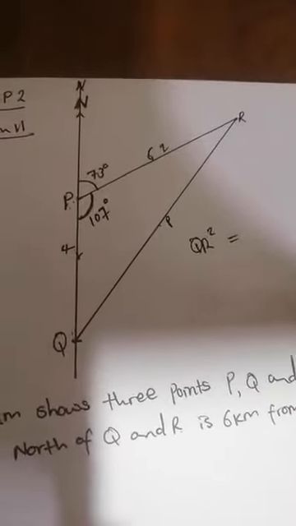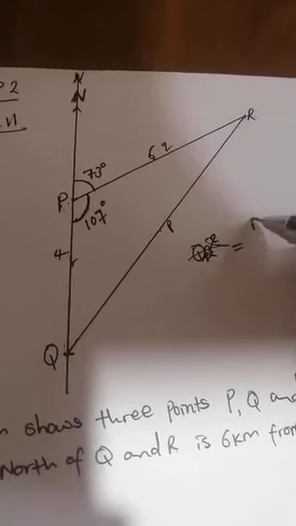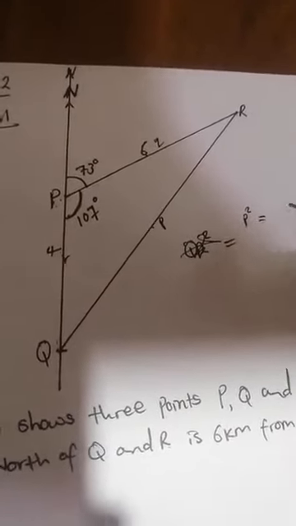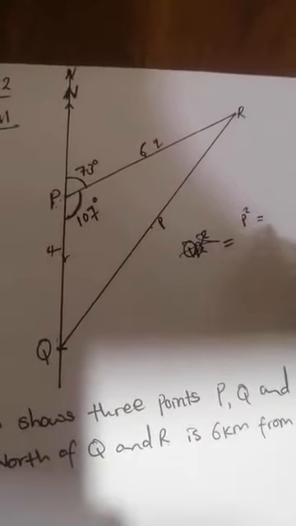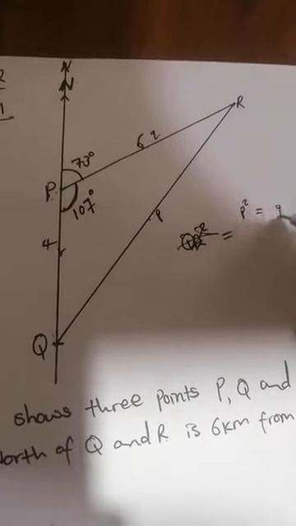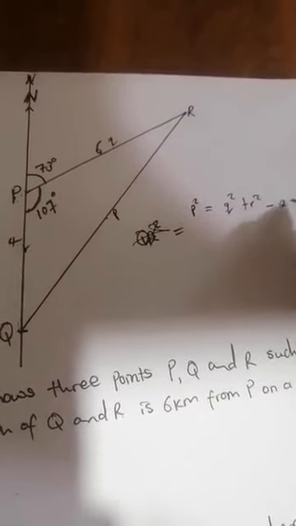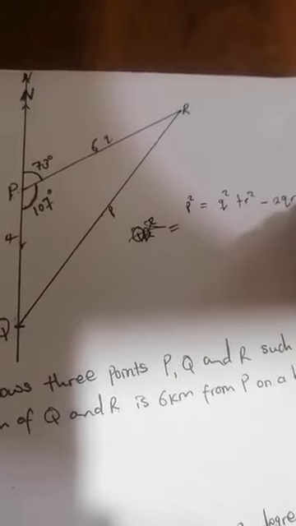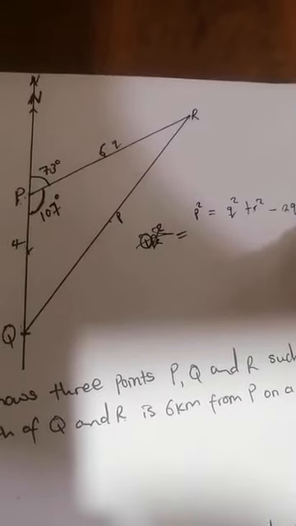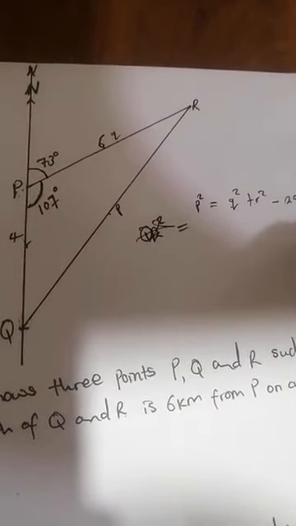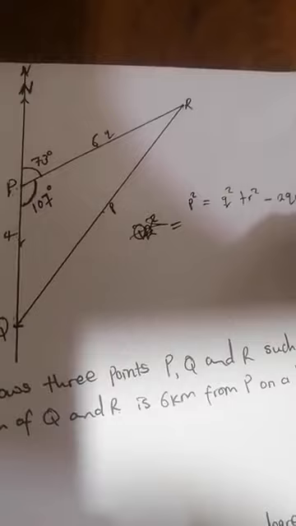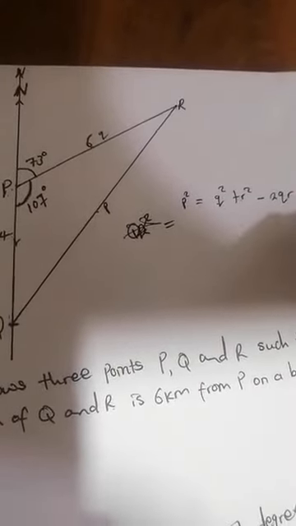So to use our cosine rule, we can say this side p squared is equal to q squared plus r squared minus 2qr cos P, angle QPR, which is 107.